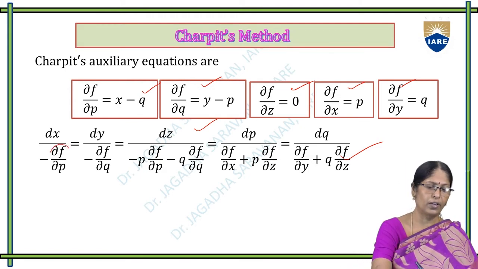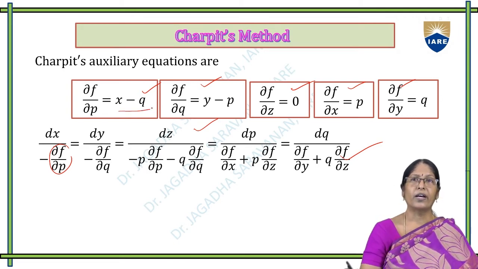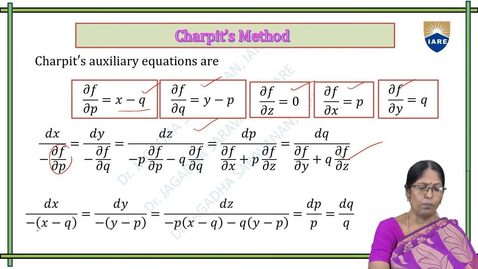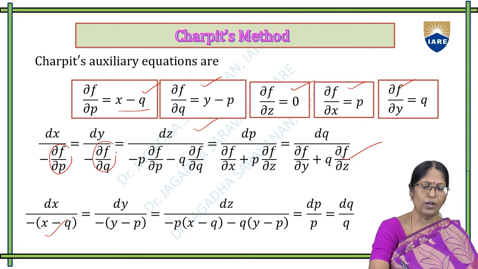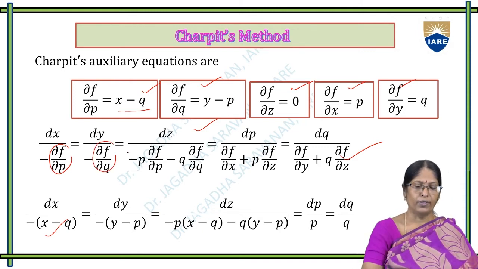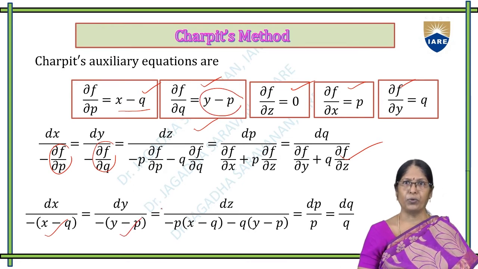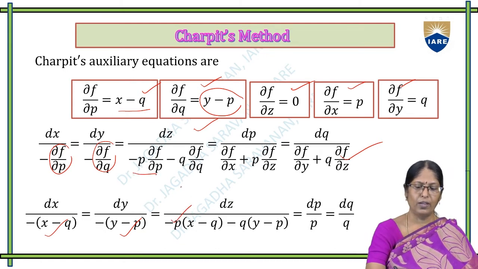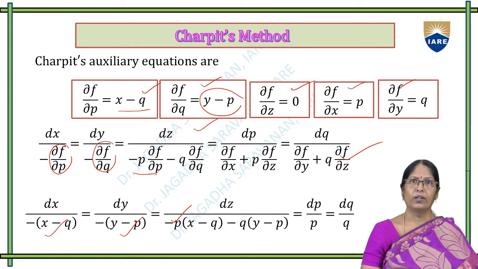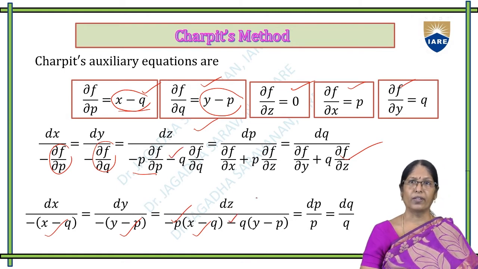The first one is ∂f/∂p, which we got as x − q, so minus of (x − q). The next one is ∂f/∂q, so minus of (y − p) is substituted. The next one is minus p times ∂f/∂p, that is x − q, substituted here.